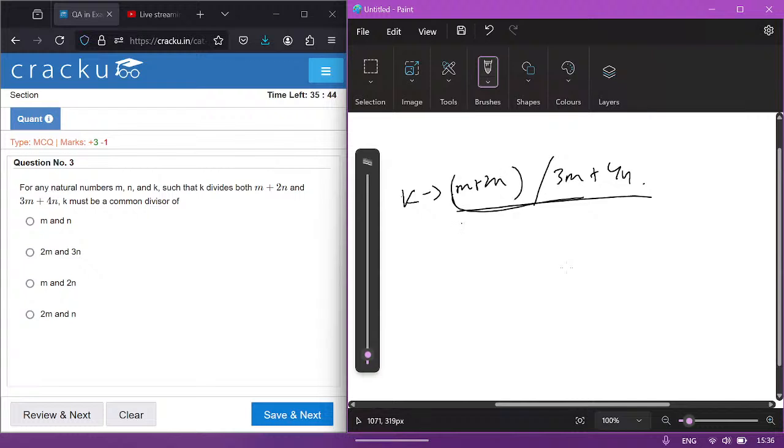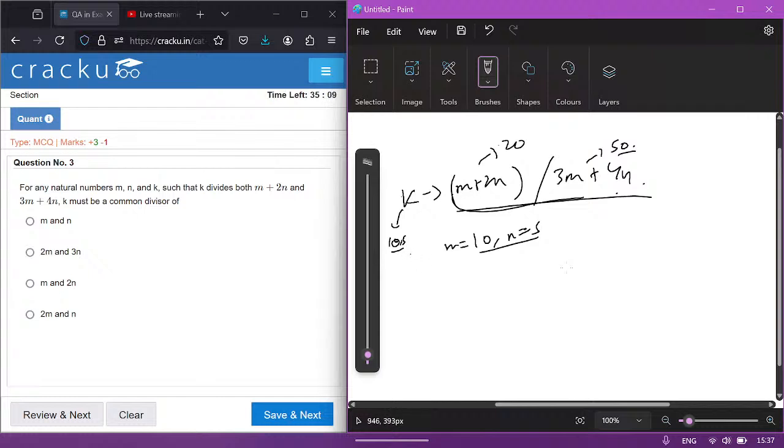So m we can assume values, right? Or else what else we can do? So if m is 10, n is 5, what is this? M plus 2n is 10 plus 10, this is 20, this is 30 plus 20, this is 50. So k can be what? k can be 10 or 5. Let's see.